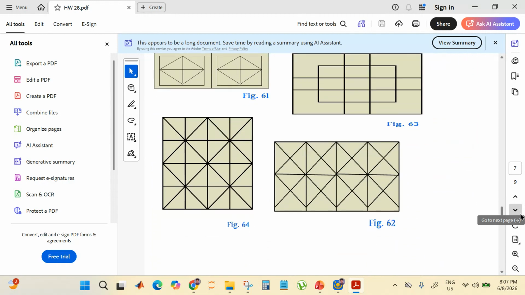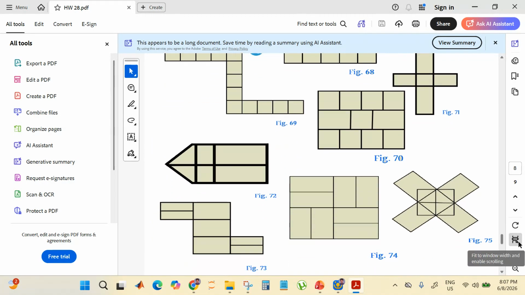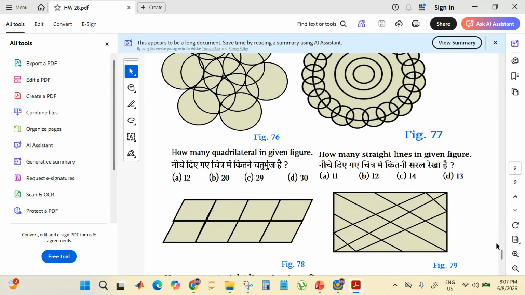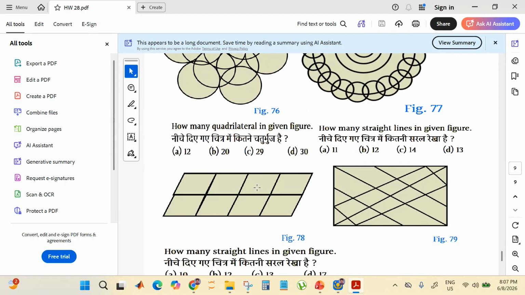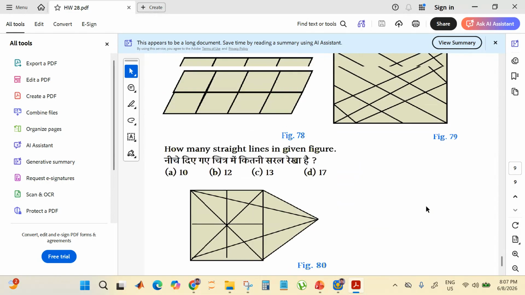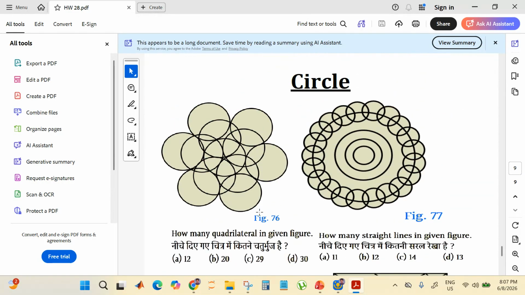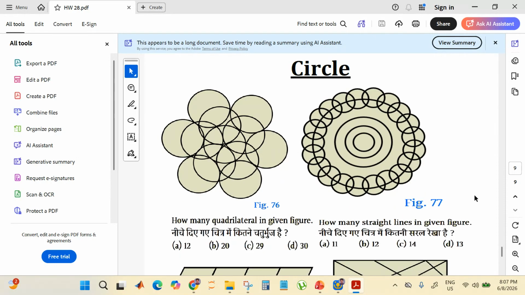No more analysis is required. Rectangle also we have done. Okay, circle. How many quadrilaterals? Actually, figure numbers 78, 79, and 80 are not required at all. You just do these two problems, figure number 67, 76 and 77. Try to solve.